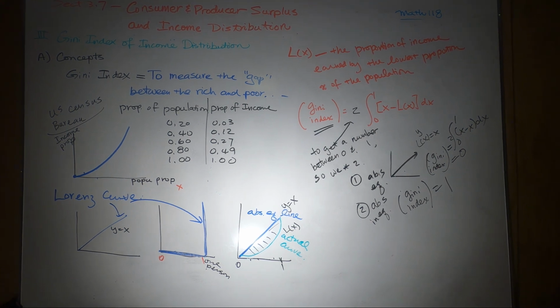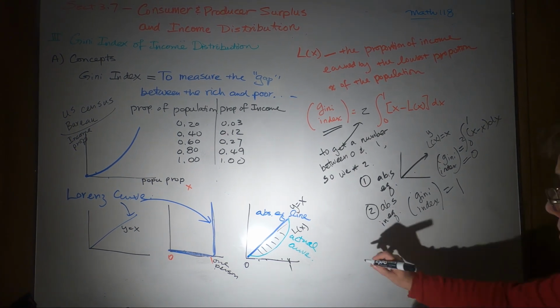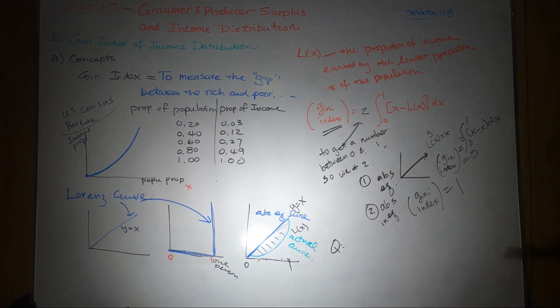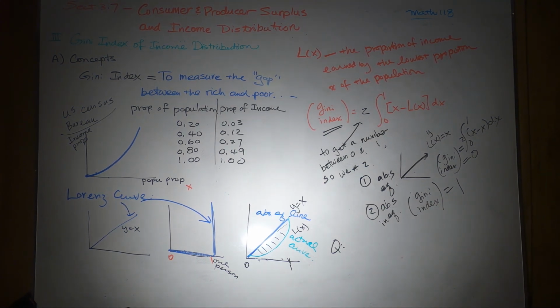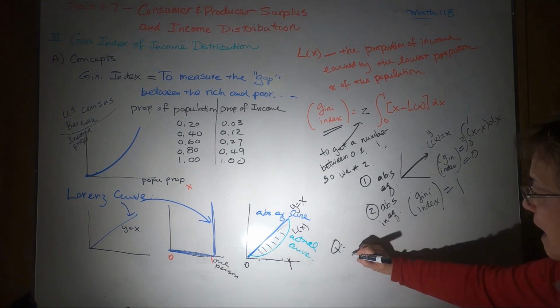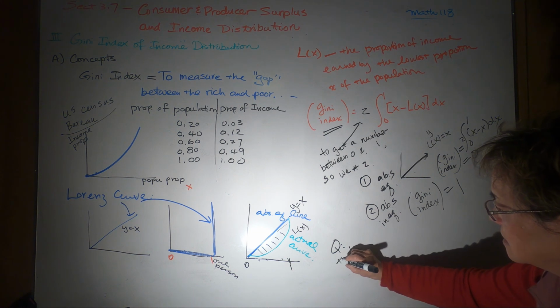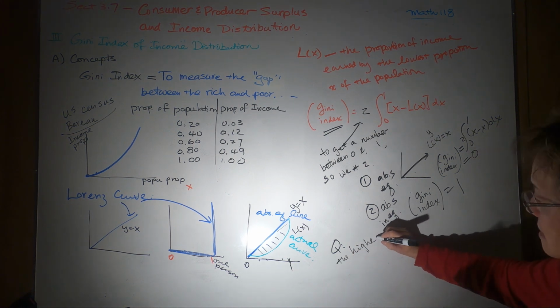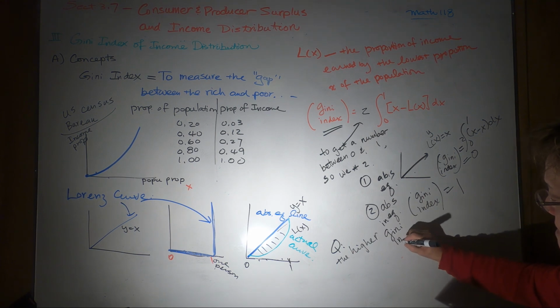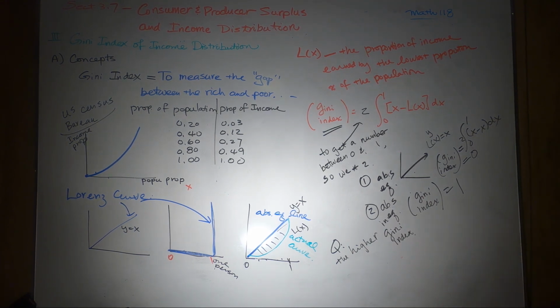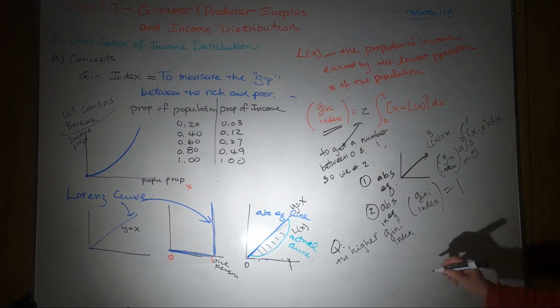So if you look at the page 80 question, does a higher Gini index mean greater or lesser inequality? It means the higher the Gini index is, the greater the inequality.